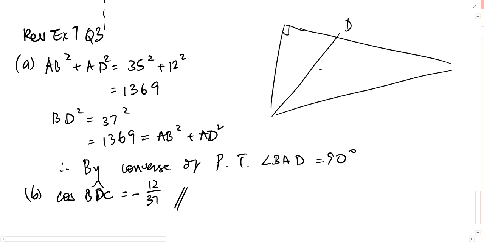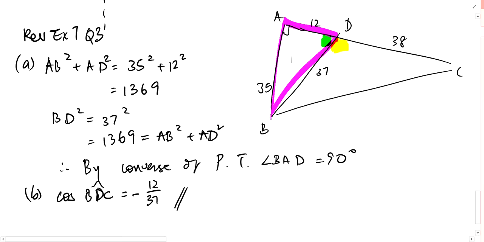So this is D, 37, 35, C, B, A, and 12. Okay, cosine BDC, this yellow angle over here. Cosine of this angle is equal to negative of cosine of this angle, isn't it? Because they are adjacent angles on a straight line.